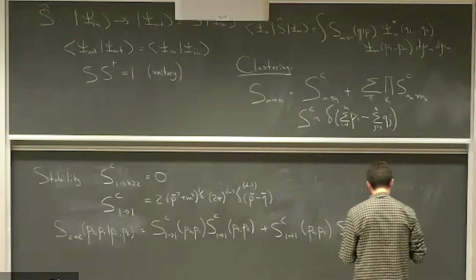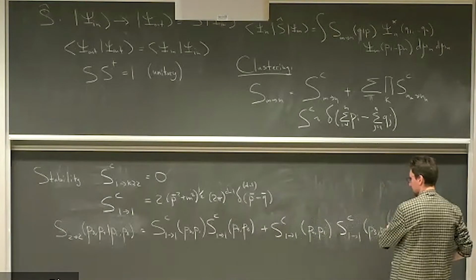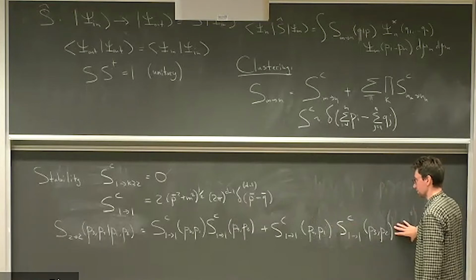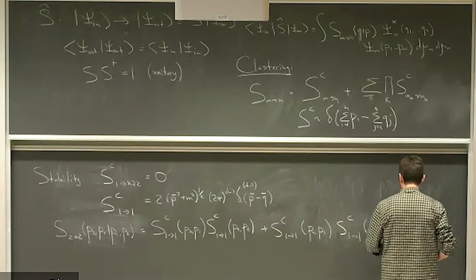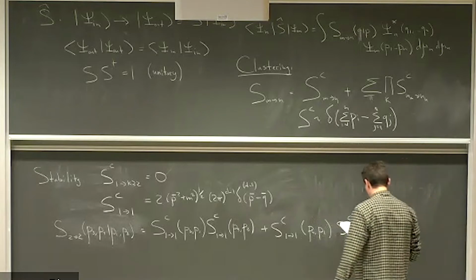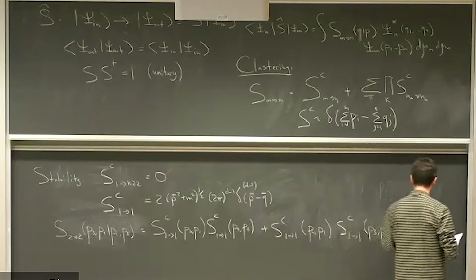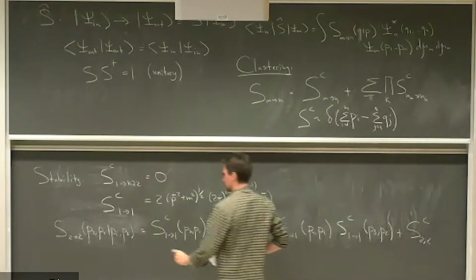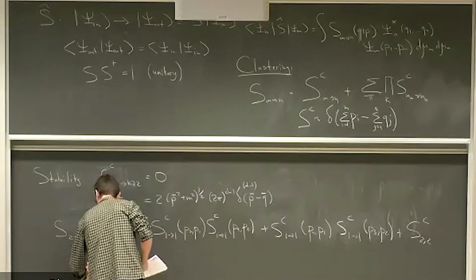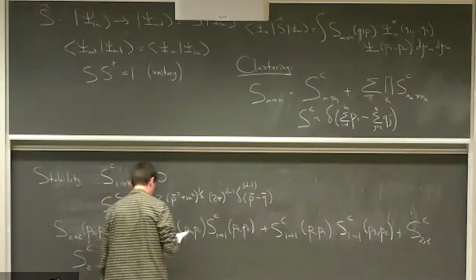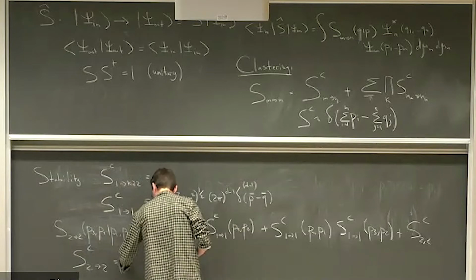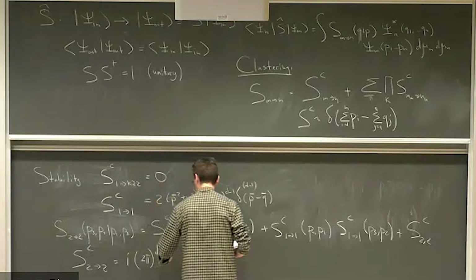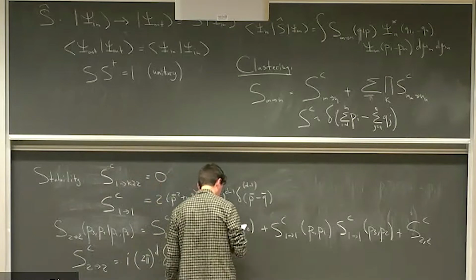This we already know. And this is the only known exact S-matrix in high dimensions because it's an S-matrix of a free theory. Now the interesting part comes from the interactions. And this is this S22 connected. S22 connected is described by, I will write this, I, momentum preserving delta function.